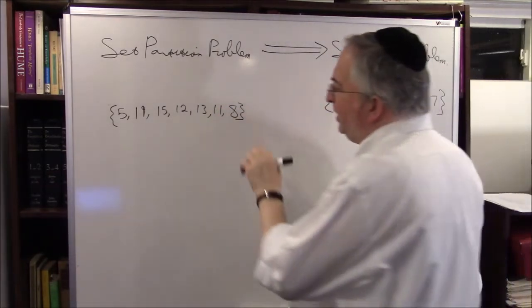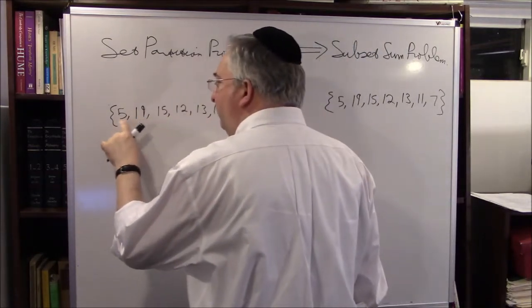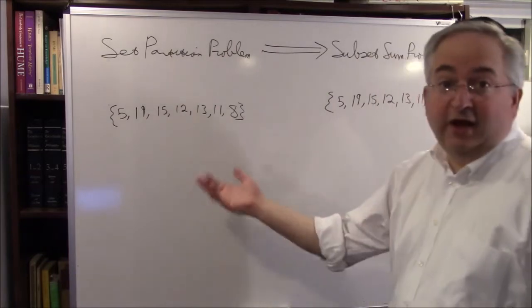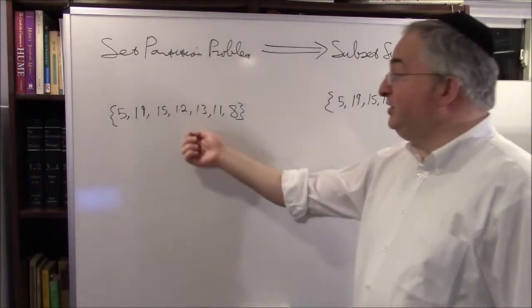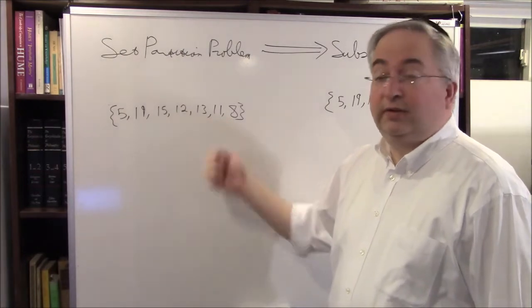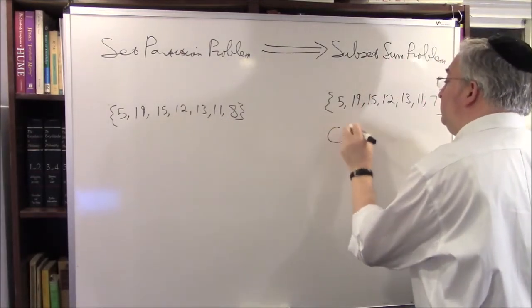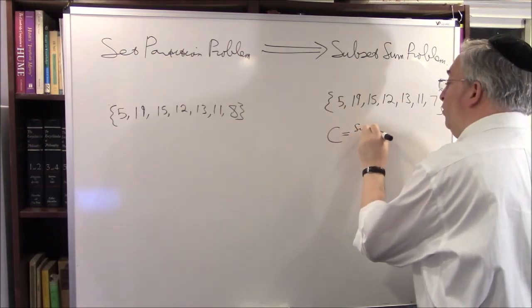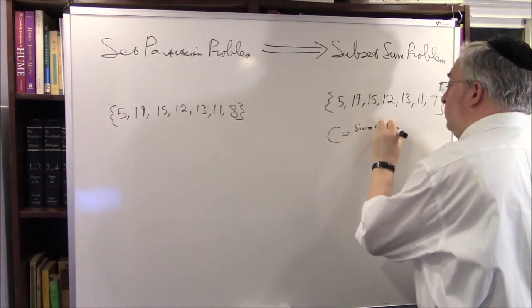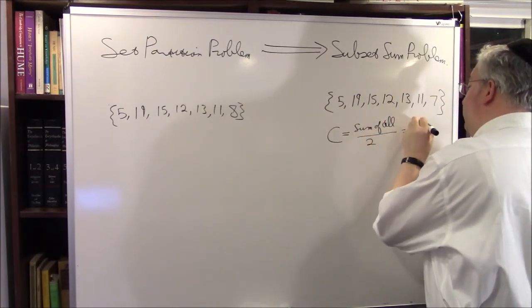Now notice how many odd numbers we have. We have 1 odd, 2 odd, 3 odd, 4 odd, 5 odd. 5 odd numbers is odd. And in fact, the sum of all these numbers is 83. So I'm going to change this. C, capacity, is equal to the sum of all divided by 2, which is equal to 83 divided by 2.